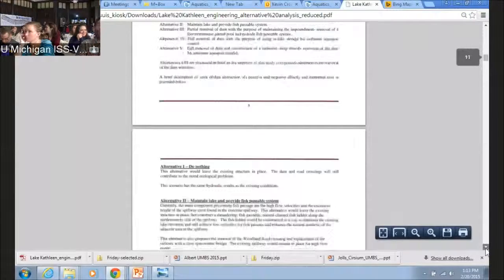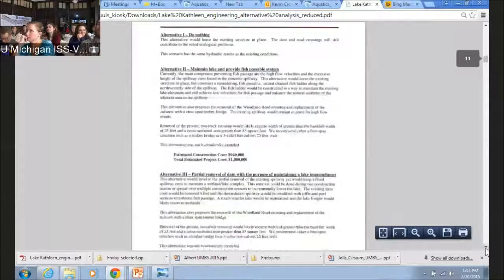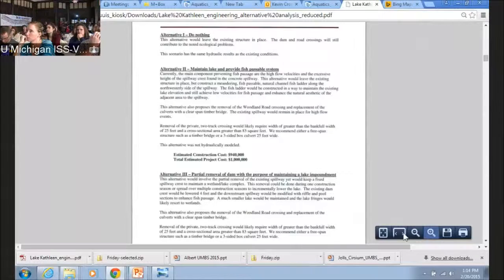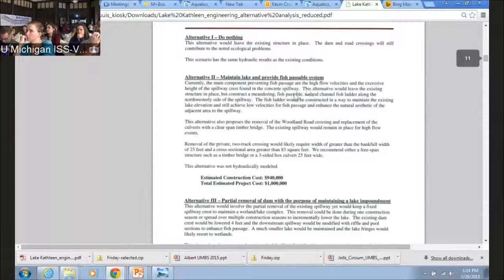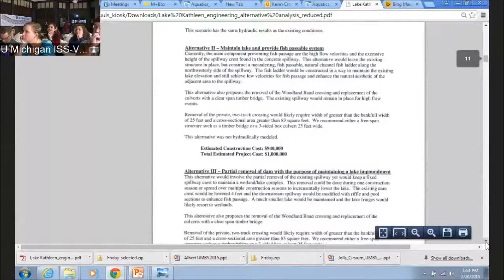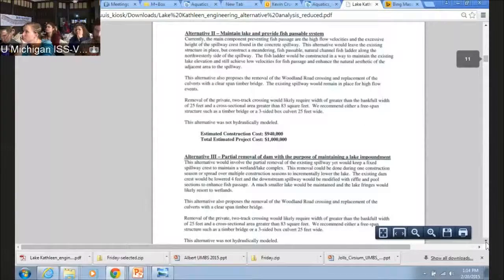Oh, alternative 1, do nothing. So I've sent everyone at the meeting a link for these files related to the Maple River. So this is the engineering document about the dam removal. Alternative 1, do nothing. That's not part of the plan. Alternative 2, maintain a lake and provide fish passage system.